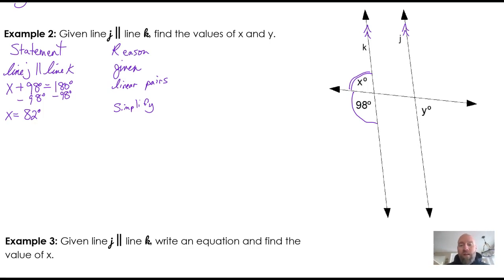Well, next I could say, okay, because of alternate exterior angles and the alternate exterior angles theorem, I could say that x is congruent to y. The angle measure for x is congruent to the angle measure for y. And I can say that because of alternate exterior angles.